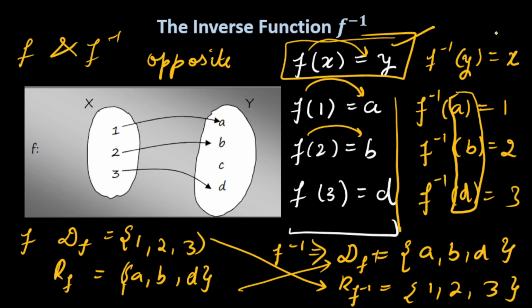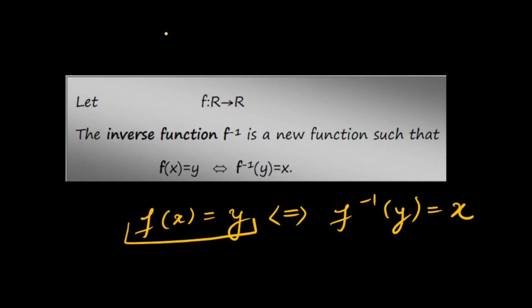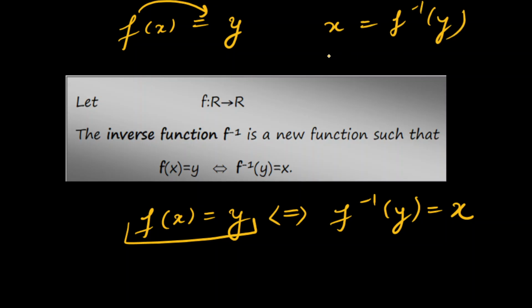We don't have to get confused here. One simple thing you have to remember, when f of x is equal to y, basically f we are shifting to the other side, so we'll get x is equal to f inverse y, or you can also write f inverse y is equal to x. So this is the meaning of inverse.